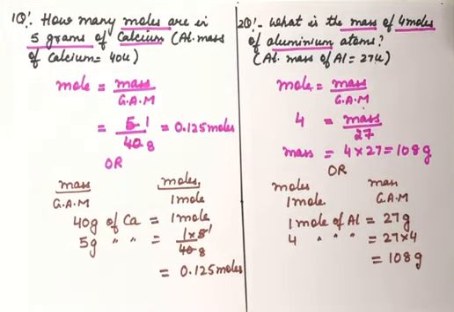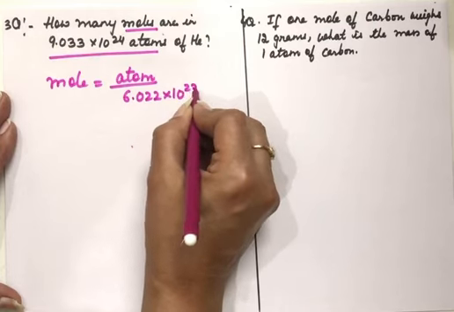Moving on to the next question, third question. How many moles are in these many atoms of helium? Now question has atoms and moles. So for mole and atom, the formula is moles equal to atoms upon Avogadro number, 6.022 into 10 raised to power 23.